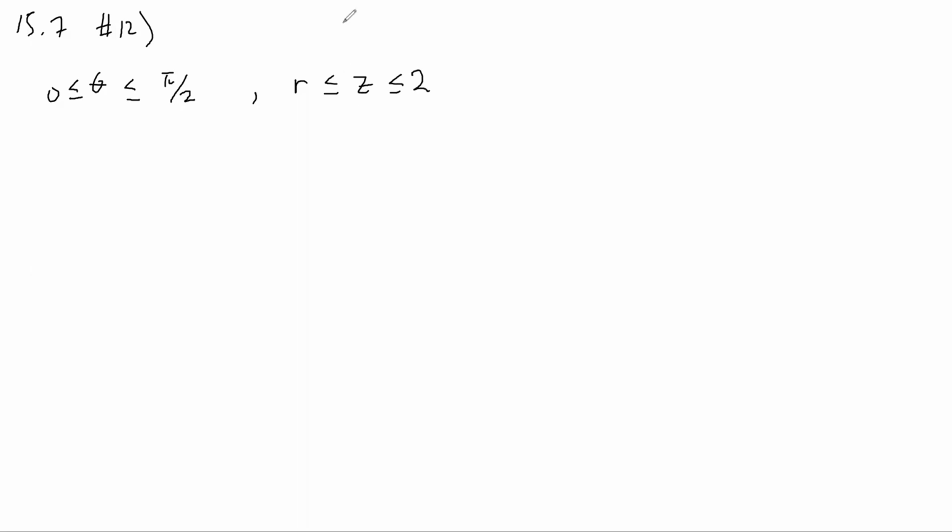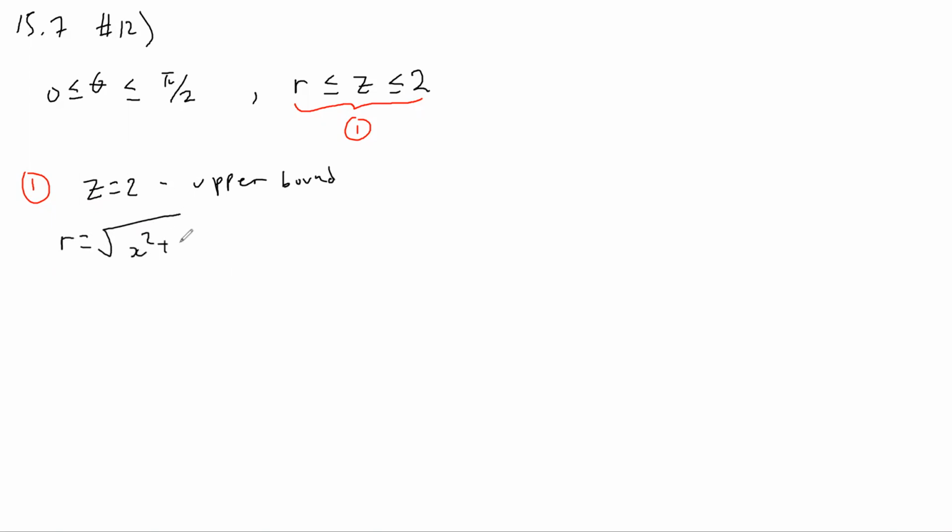What I can do first is focus on this side of the inequality, so I'm going to label this as 1. For number 1, we have an upper bound of z at the plane z equal to 2, while my lower bound is r equal to the square root of x squared plus y squared, which is also equal to z.